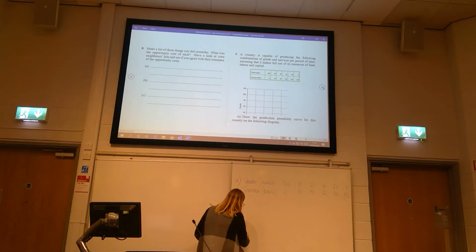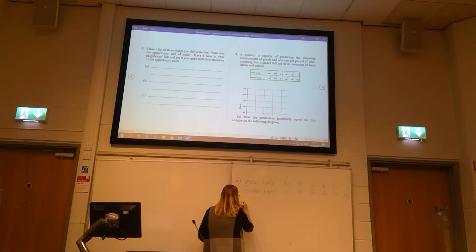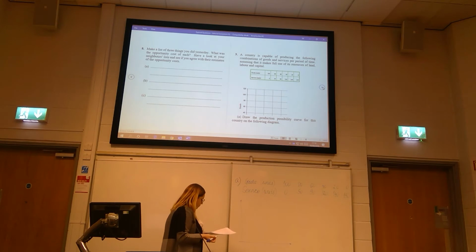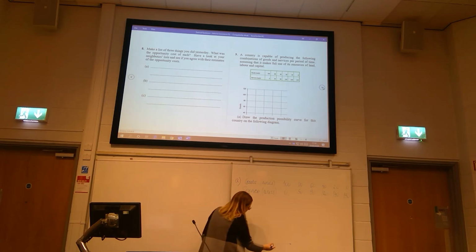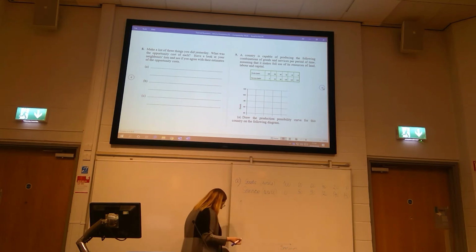We are supposed to be drawing our production possibility curve, and it shows the combination of goods and services that this economy can produce. So on the x-axis we have services, and on the y-axis we have goods.